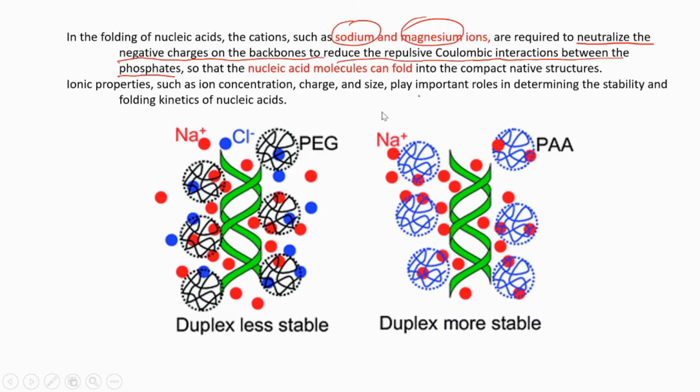That is cation binding. Cation binding gives more stability. Cation means positively charged ions. So ionic properties like ion concentration, charge, and size of the ion, all these factors play an important role in determining the stability and also the folding kinetics of nucleic acids. Okay.